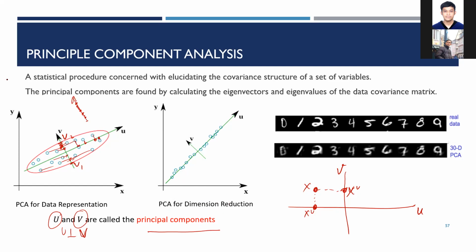For example, this is vector V and this is vector U. The variation on vector V is only in this range, but on vector U it goes from here to here. So in this case, vector U gives us more information about the variation of the data.